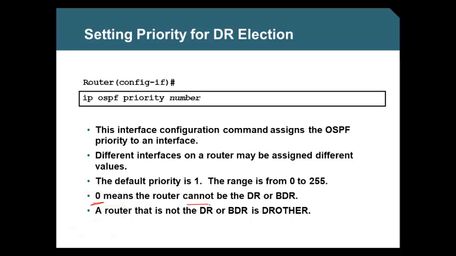The router won't participate in election. Simple. That's my version of saying this. The priority can be any number between 0 to 255. The default is 1. The routers which are not a DR or BDR are called DR other.